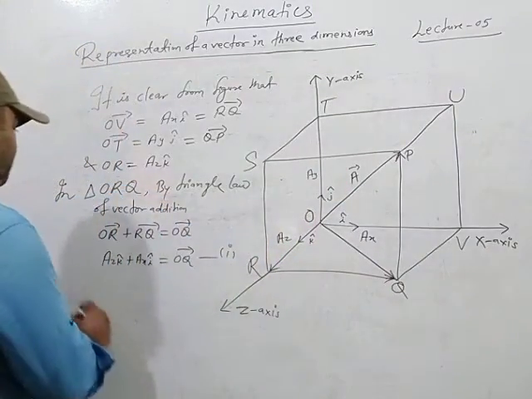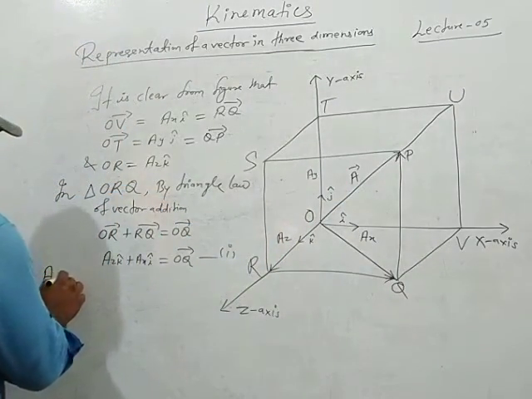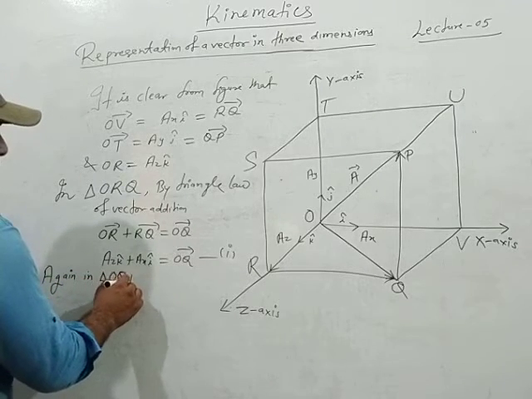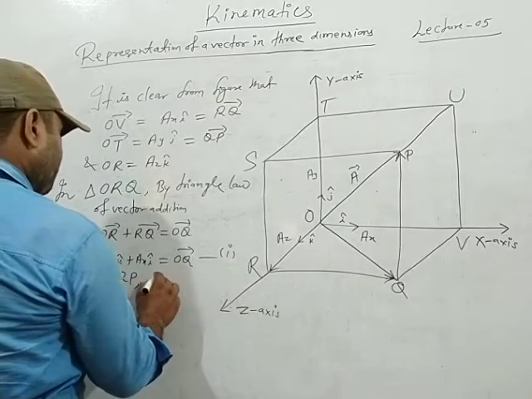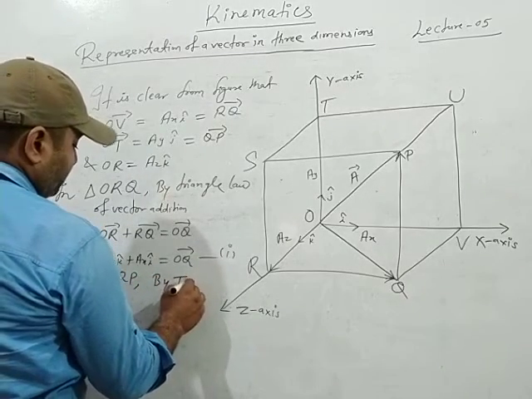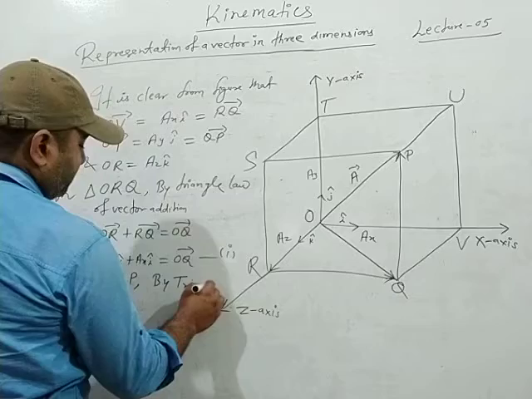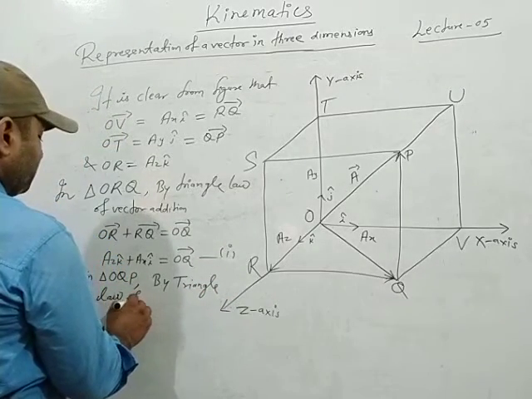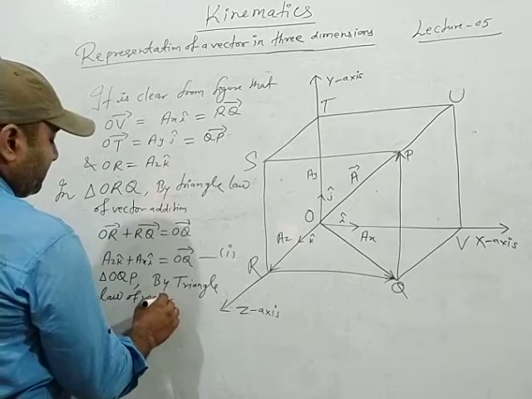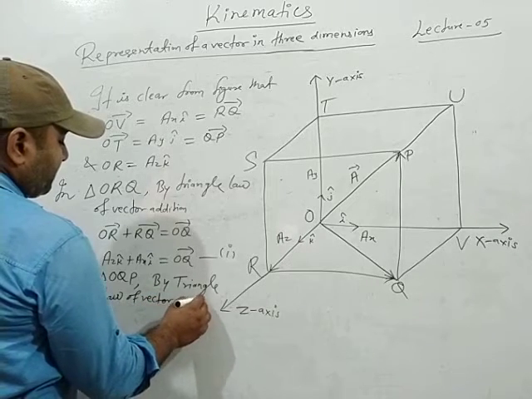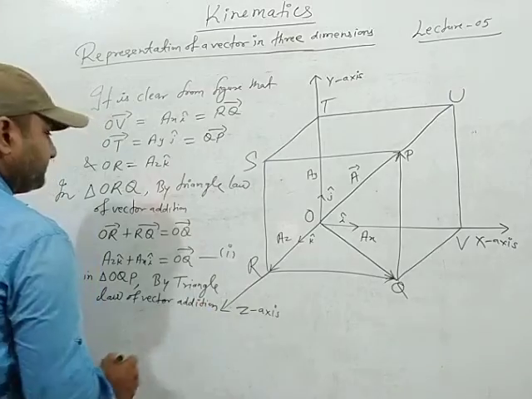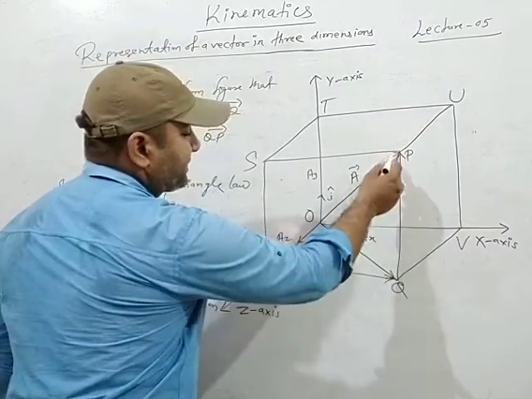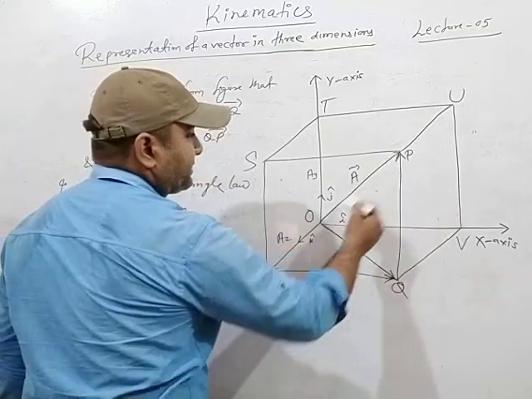OQP, again in triangle OQP by triangle law of vector addition, whenever two sides OQ plus QP are taken in the same order, then the resultant will be what?